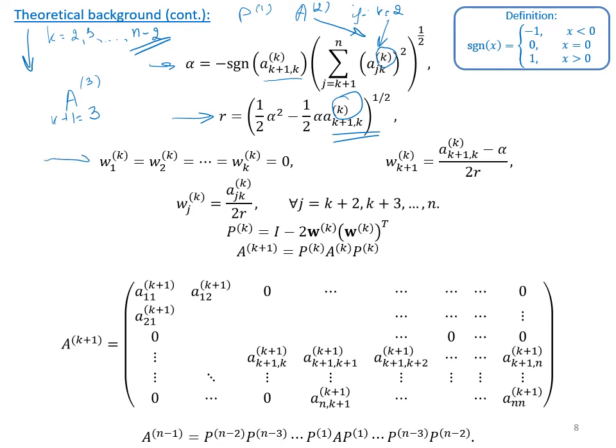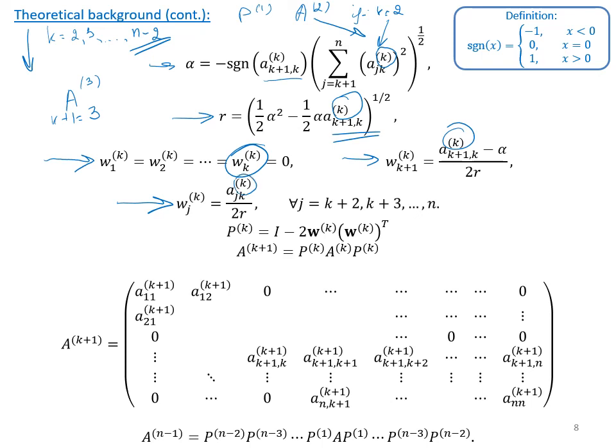At the same time, components of vector w should be equal to 0 from 1 to k for the kth iteration, and the rest of the components can be computed using these formulas.